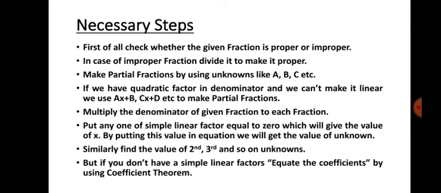Similarly, if the value of the second and third unknown is to be found, it will be repeated in the same way and we can find these values. But if you don't have a simple linear factor, then we will equate the coefficients by using the coefficient theorem that we already learned in our previous lecture.